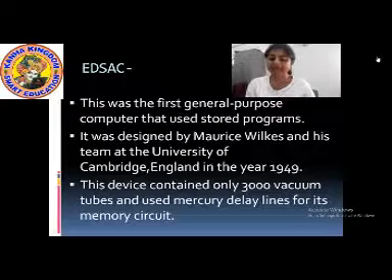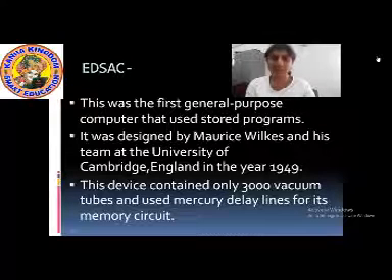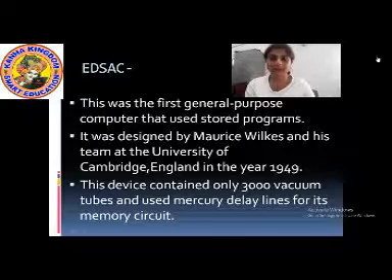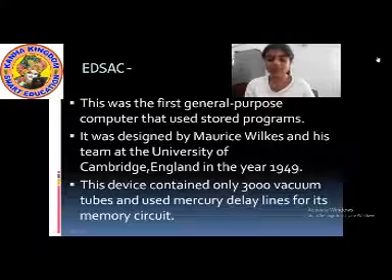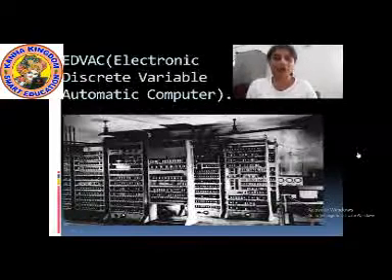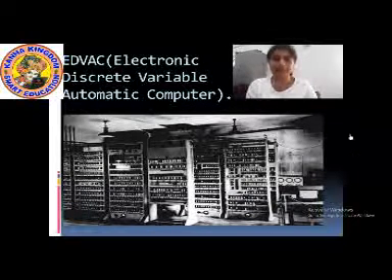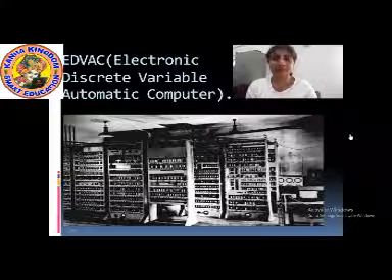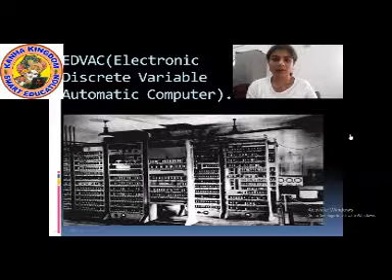And it used mercury delay lines for its memory circuitry. In the memory circuitry of this computer, they used mercury delay lines. Now comes the next computer, that is UNIVAC.